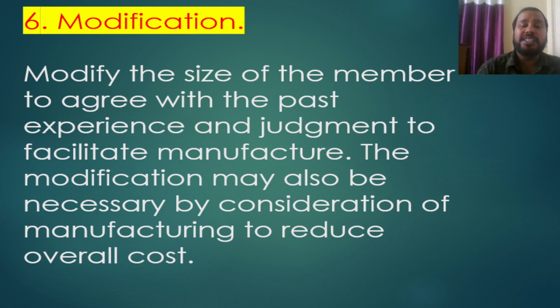The modification may also be necessary considering manufacturing to reduce the overall cost. So after all these parameters, we will see what the cost of the product is going to be. If we make a little modification so that our manufacturing cost will reduce, in this phase we will modify a little bit.